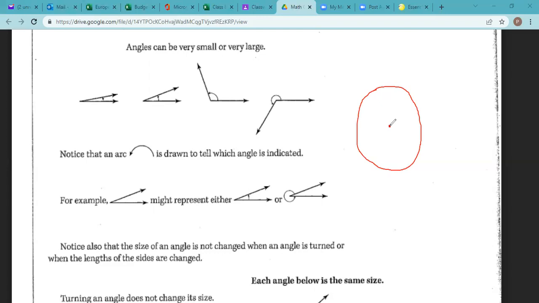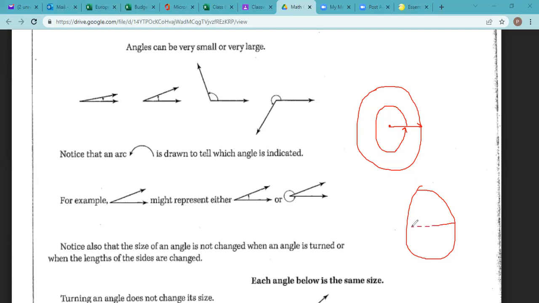Okay. So let's say, for instance, I have this line right here, and I go all the way around. I just made 360 degrees. Now, if I took this circle again and I draw this line right here, what if I did this?